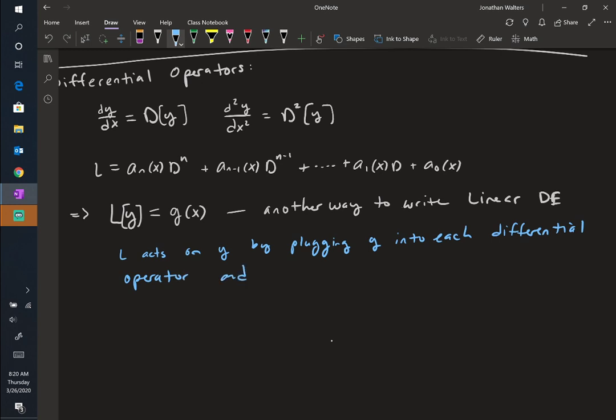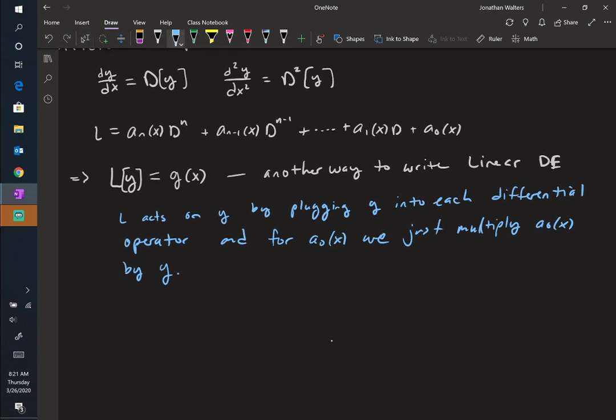For a0 of x, we just multiply a0 of x by y. No derivative is taken for the very last term.